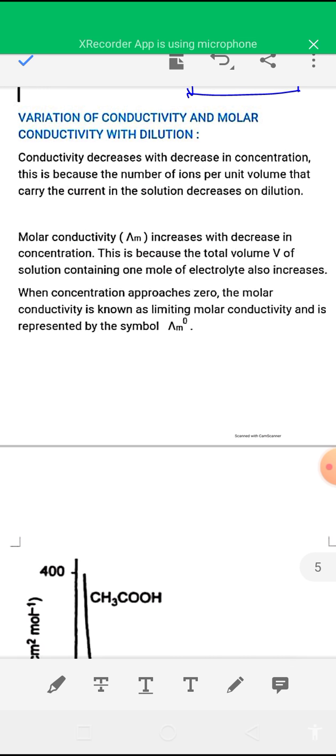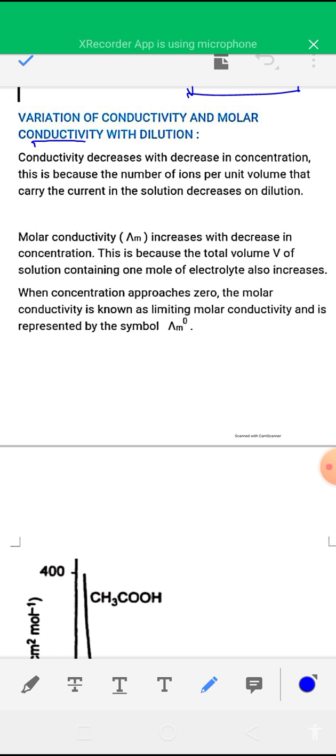Now see the variation of conductivity and molar conductivity with dilution. That is, how the different types of conductivity of an electrolytic solution vary with dilution. Conductivity generally decreases with decrease in concentration.